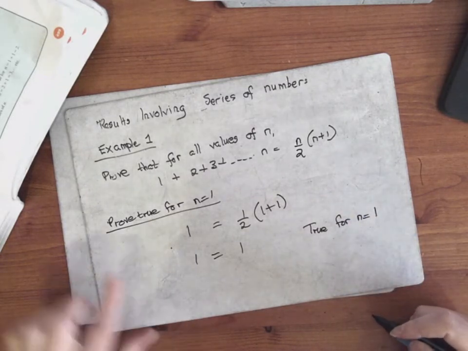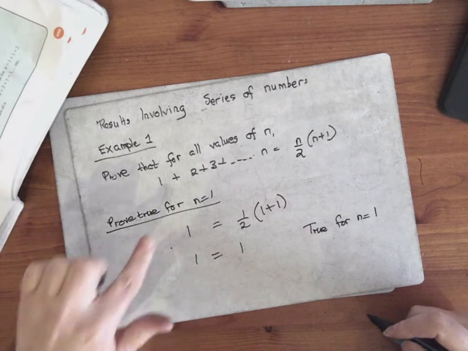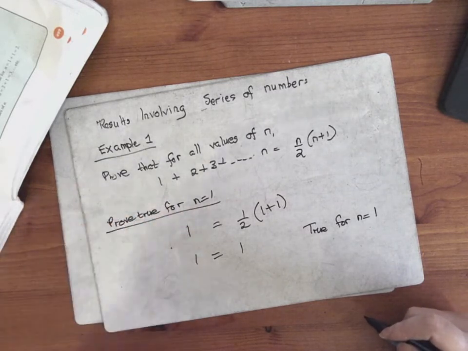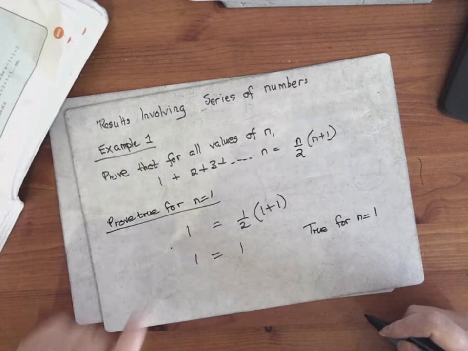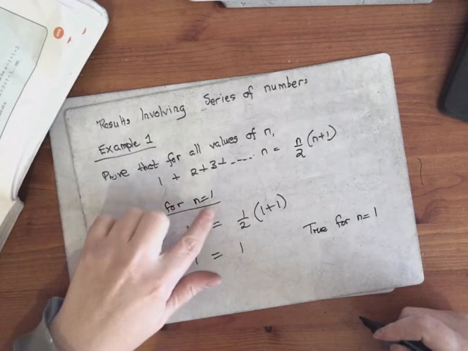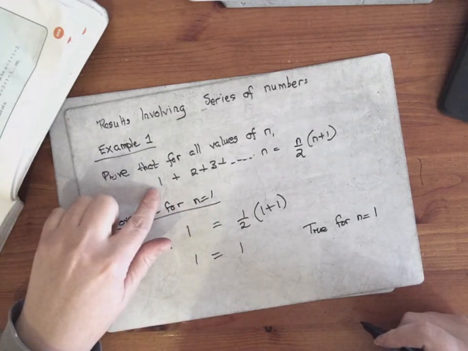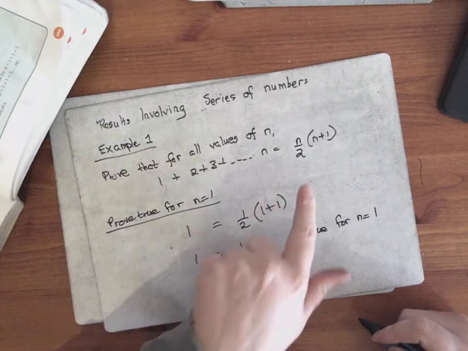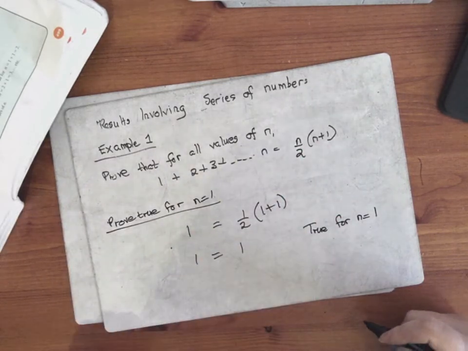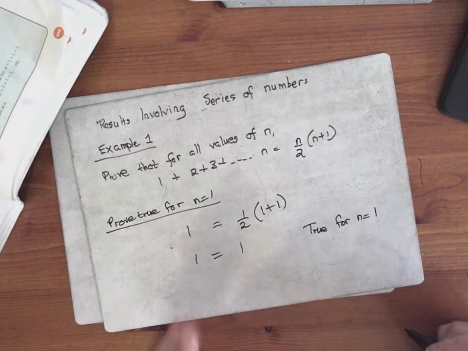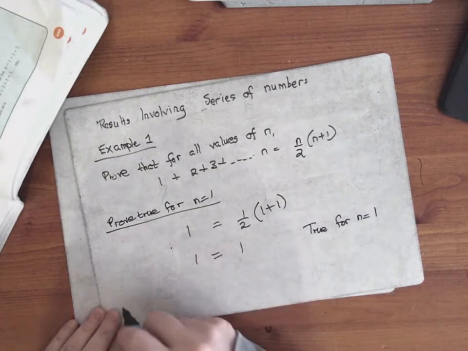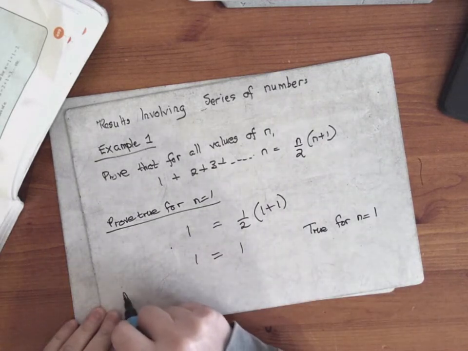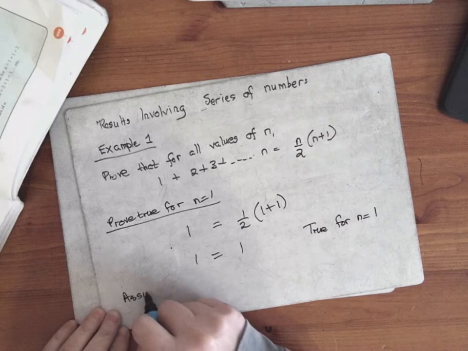So step 1, prove it's true for n equals 1. N is the number of the term, so n equals 1 is just the first term. Filling in 1 for n, you end up with 1 equals 1. The next step is assume it's true for n equals k.